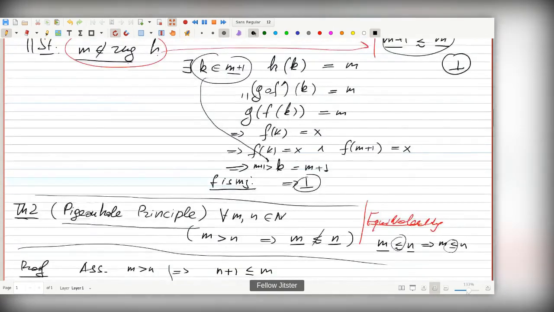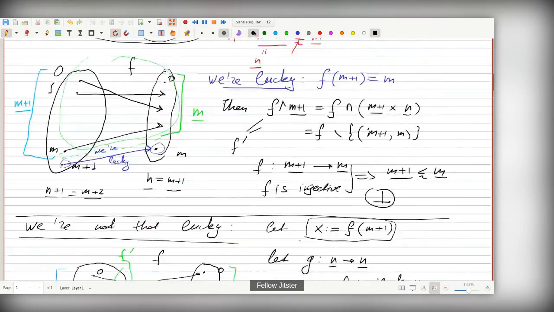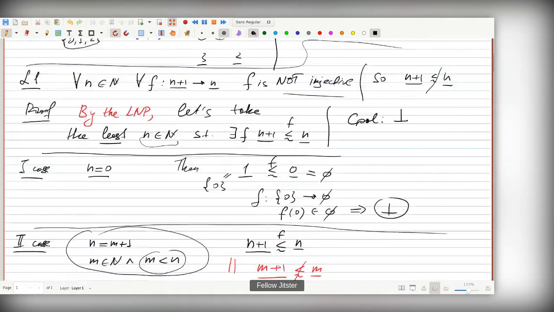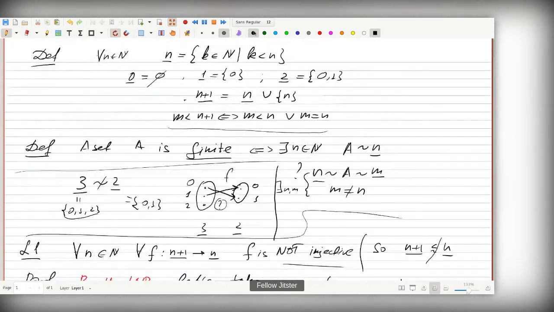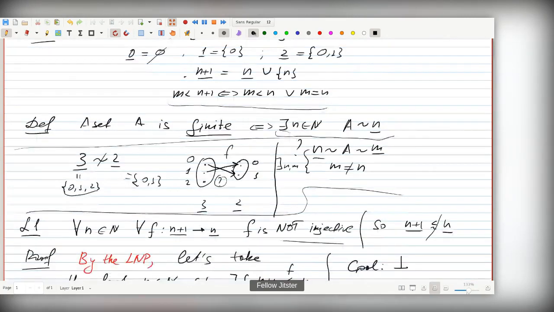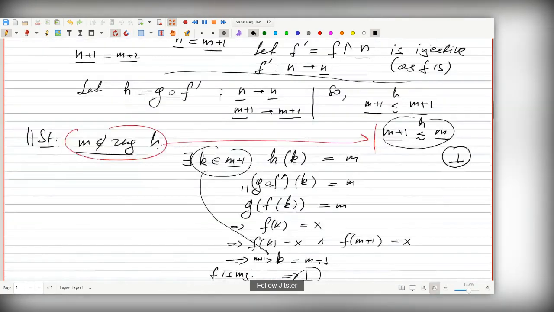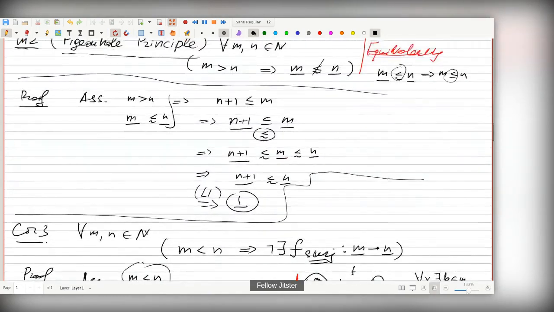But now we have to come back to our definition of finiteness. We haven't yet proved that this number n, such that n underlined is equivalent to A, is unique. But now we shall do just that, applying the Pigeonhole Principle.